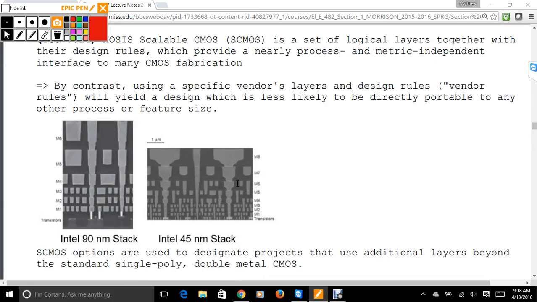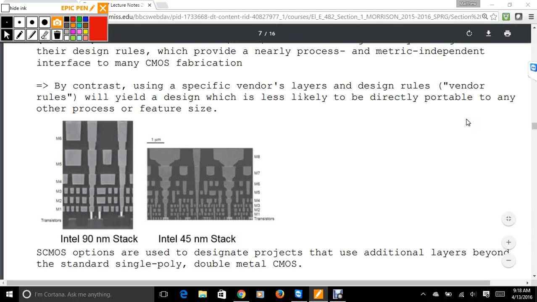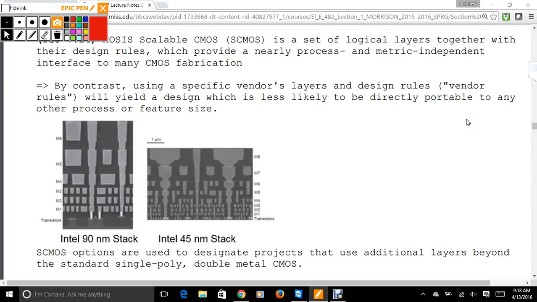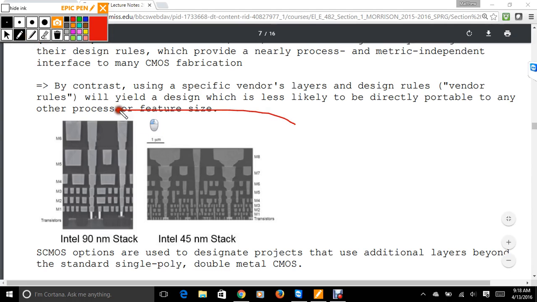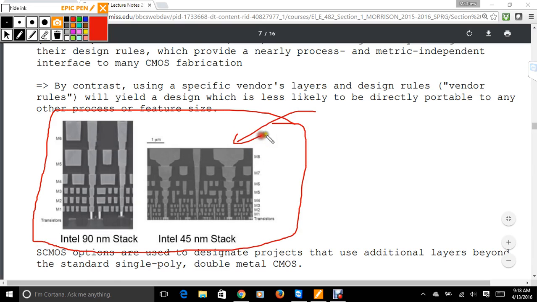So if you recall, we had this Intel 90 nanometer and 45 nanometer. The Lambda design rules don't really account for this very much because they were developed when you had 0.3 micron, 0.18 micron, but now we're getting lower, to 90 nanometer, 45 nanometer, where we have to worry about more than metal 1 or metal 2.